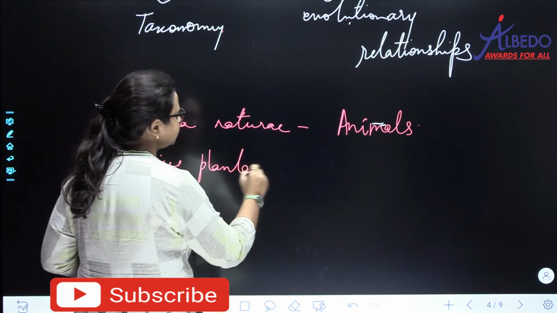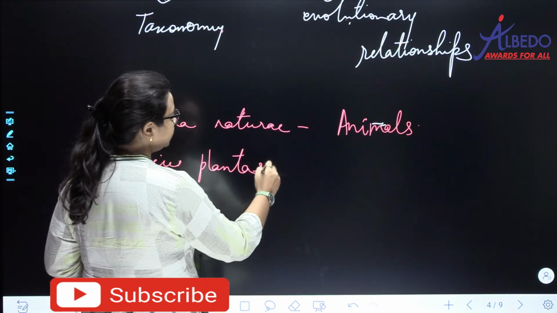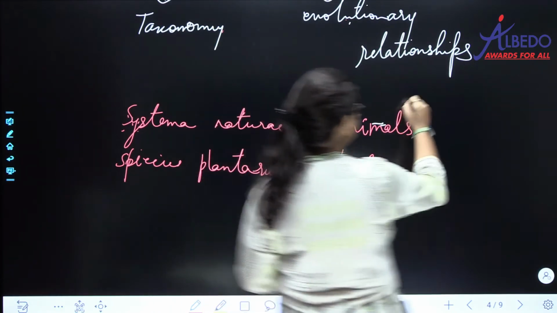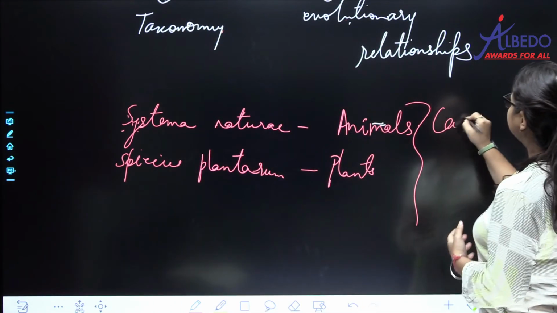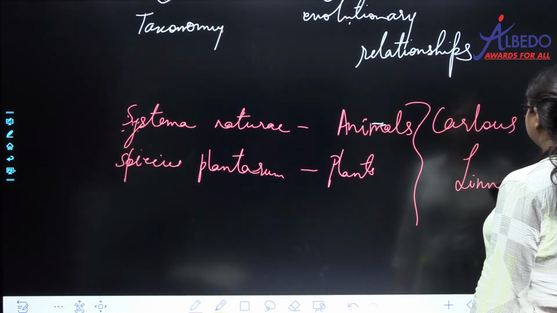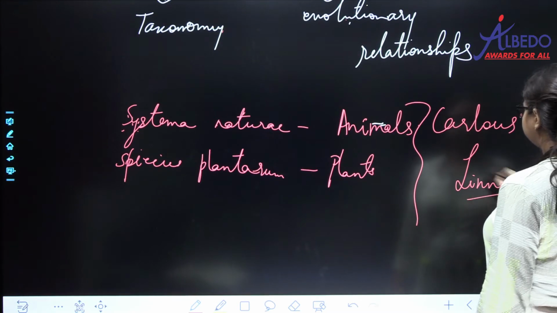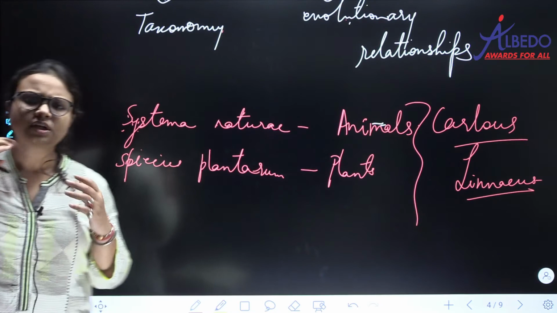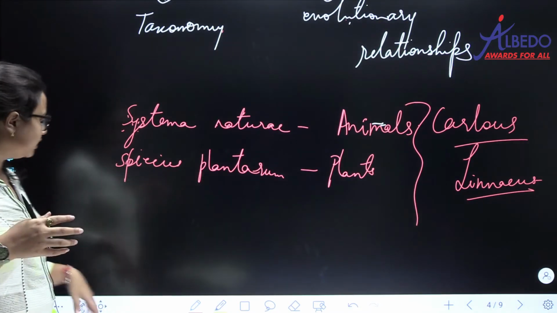The name itself tells you, this is for plants. So these 2 were written by Carlos Linnaeus on systematics. So this is about the basic information on taxonomy.